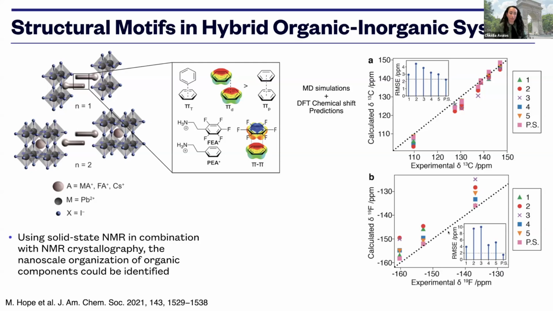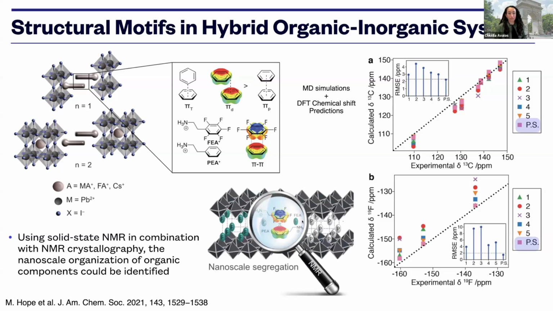It was found that only the phase segregated structure they designed matched up well enough with their experiments, within the RMSE tolerance levels. Using a series of 1D and 2D NMR experiments, like we talked about in the rest of this presentation, they were able to identify that in this class of systems, they have nanoscale segregation.